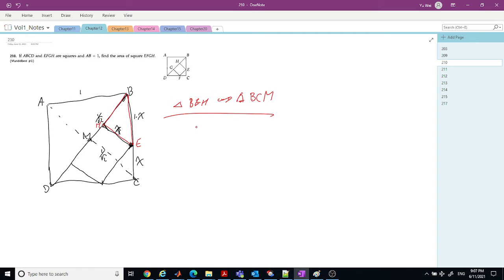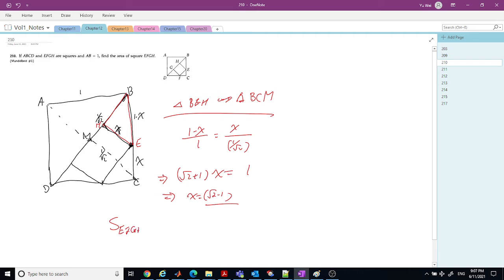From these two triangles, (1 minus x) over 1 equals x over (1 over root 2). Then you can see that (root 2 plus 1) times x is equal to 1. So now you can solve x equals root 2 minus 1, and then the area of EFGH is x squared, which is equal to 3 minus 2 root 2.